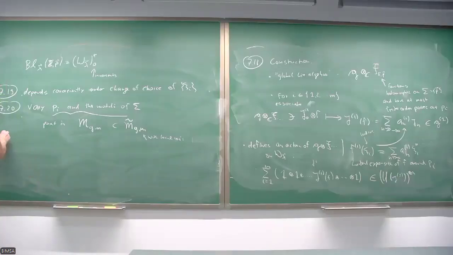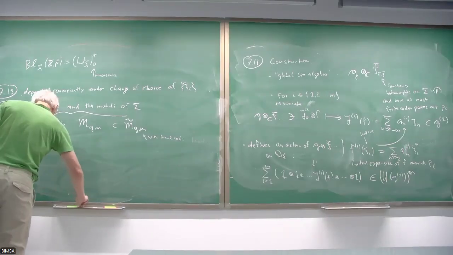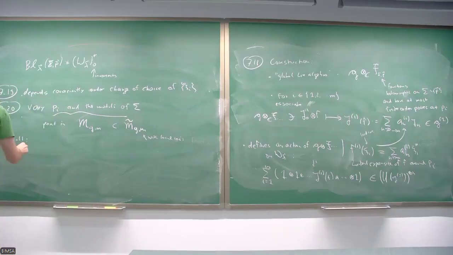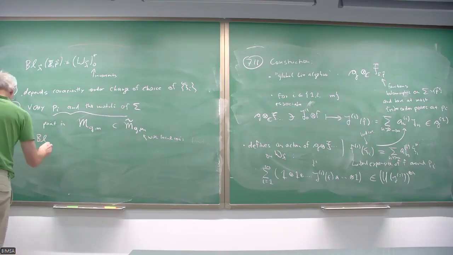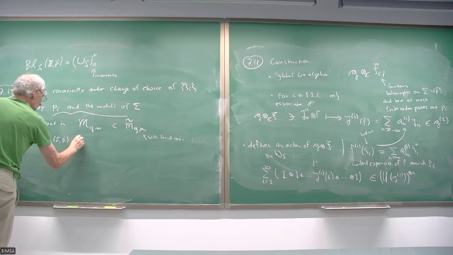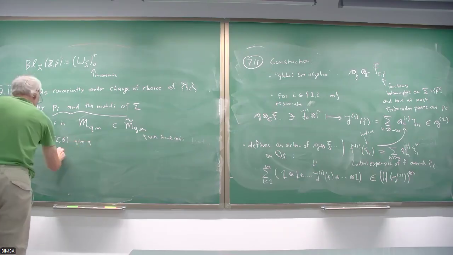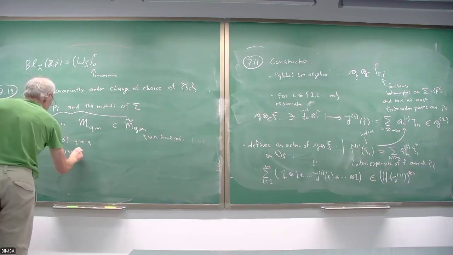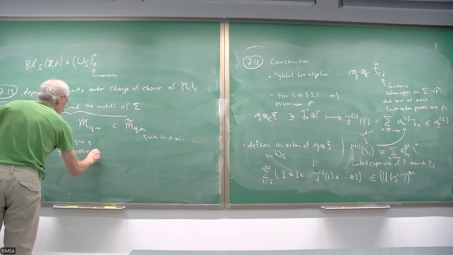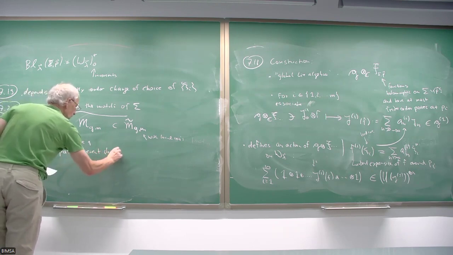Now it turns out, true in this case, but also in more general cases, that we get this way from the conformal blocks a quasi-coherent sheaf on this extended moduli space.